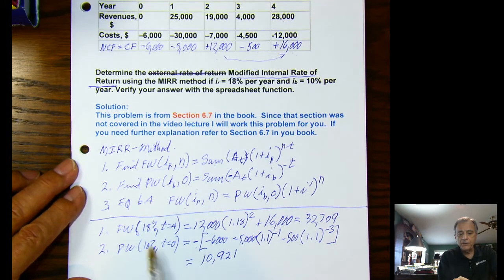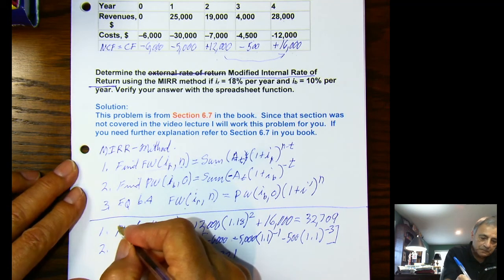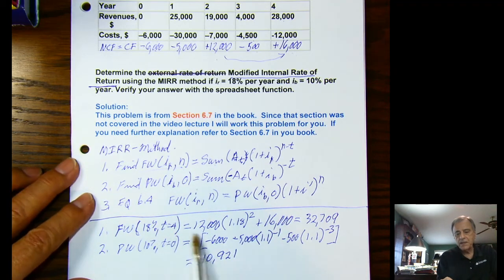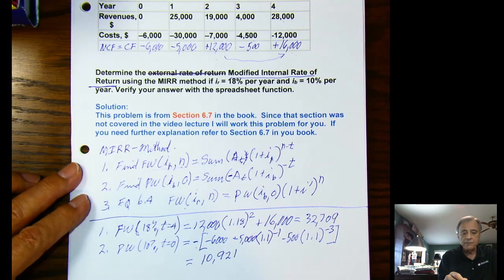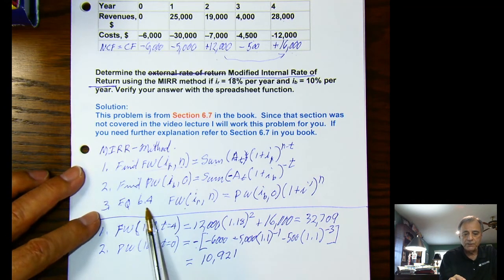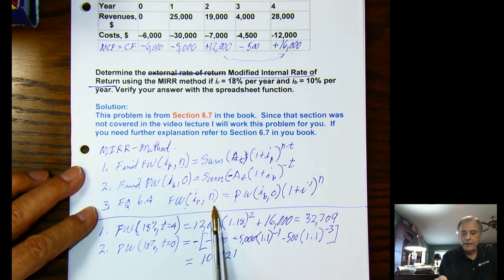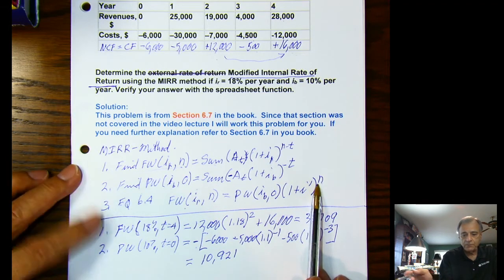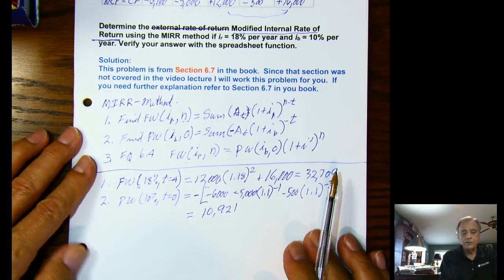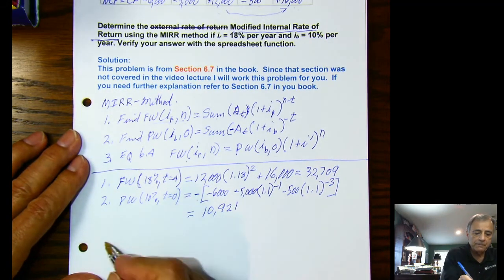So we have the future worth at 18% of the positive cash flows. We have the present worth at 10%, that's the borrowing rate, of the negative cash flows, but converted to a positive number. And now we set up equation 6.4 from your textbook, which sets the future worth equal to the present worth times 1 plus I prime to the 4th power. So we're going to do that in step 3.